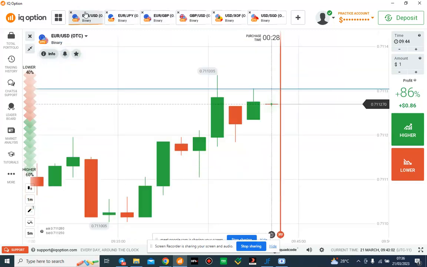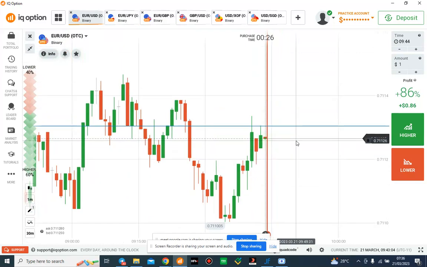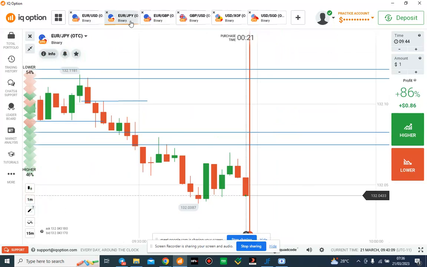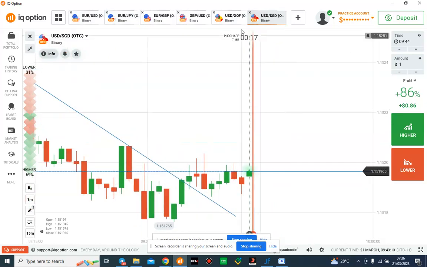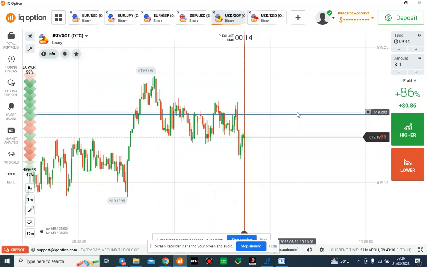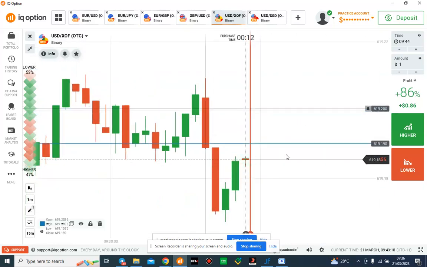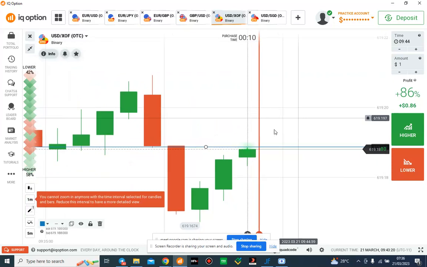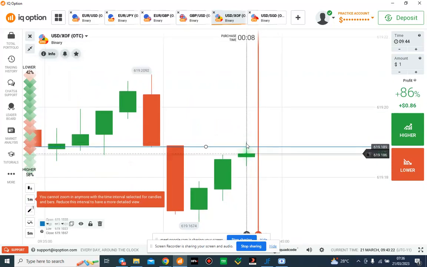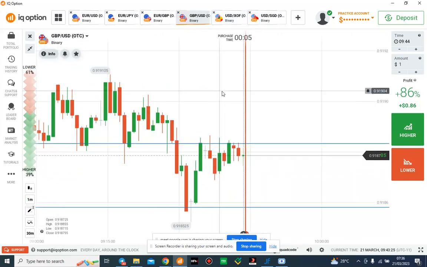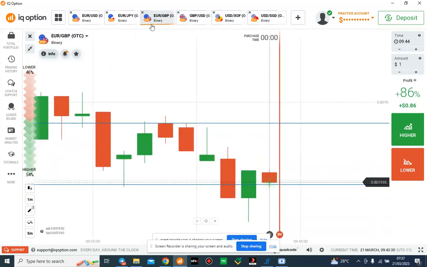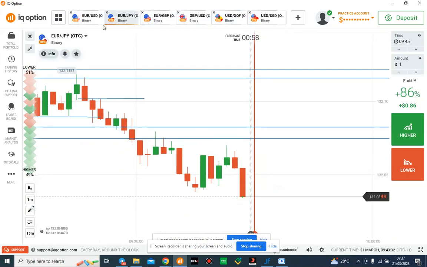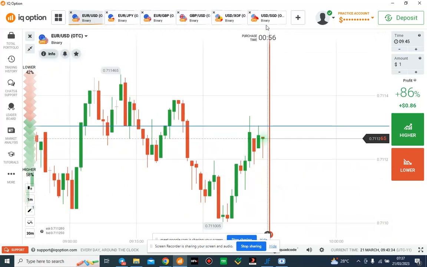So buyer should enter. Nope, nothing. Here, buyer should enter here. The sellers should enter, you can see rejection. Okay, buyers entered.